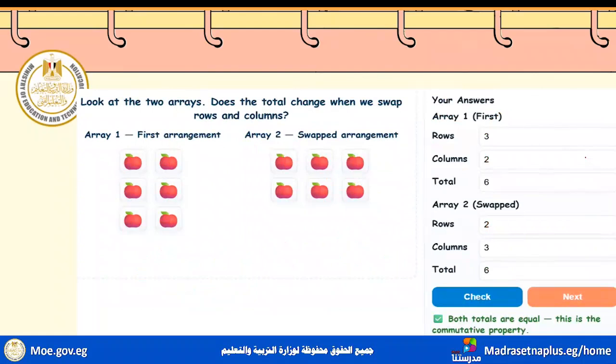Both totals are equal. That means what? This is the commutative property. 3 times 2 equals 2 times 3 equals 6. This is the meaning of the commutative property in a simple way: rows times columns equals columns times rows for the same array.